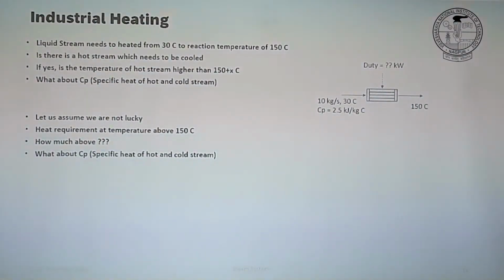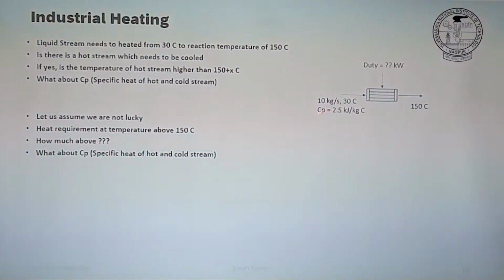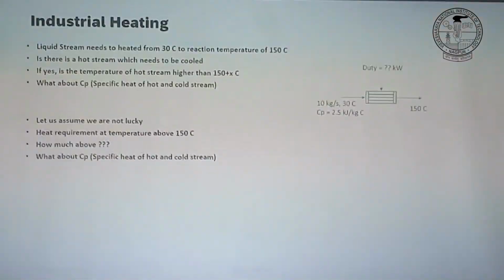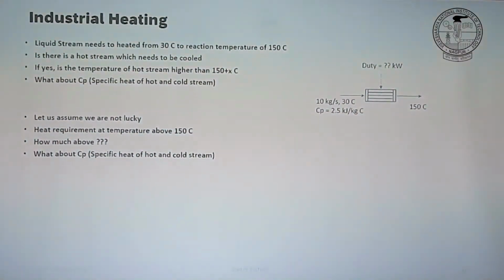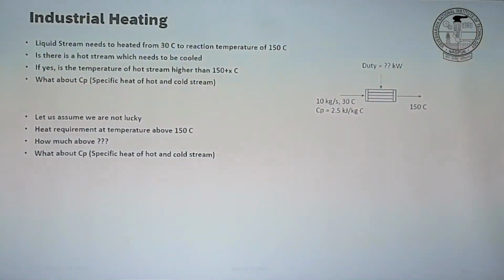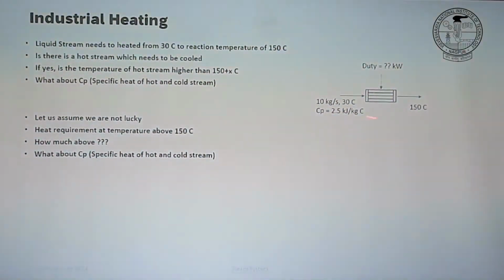So let's take an example. We need to heat a certain process stream, 10 kg per second, from 30 degrees to 150 degrees centigrade. Cp is 2.5. Can you please calculate what's the duty required, in kilowatt? That's my mass flow rate, I have the Cp, I have temperature in, temperature out.